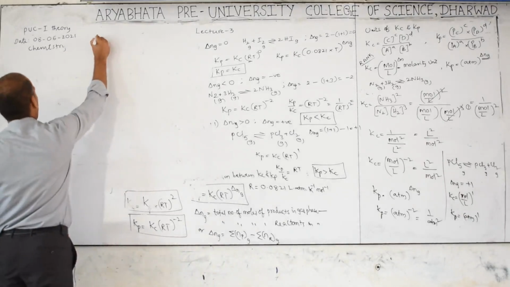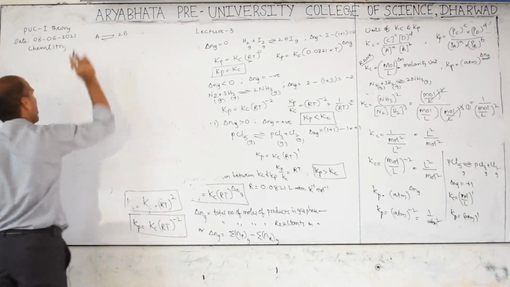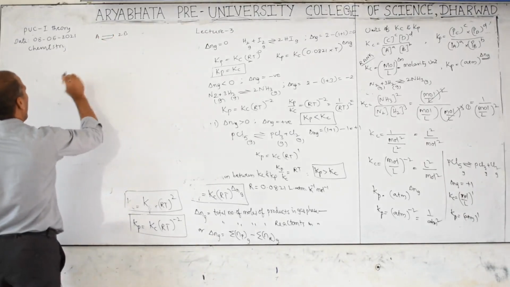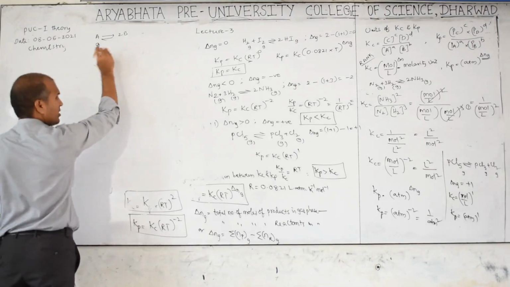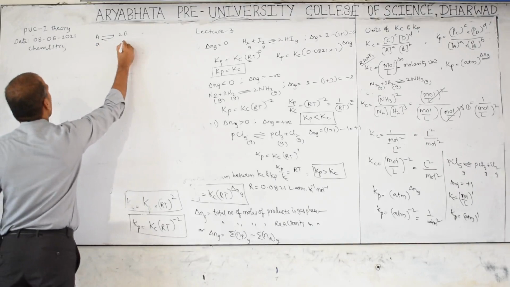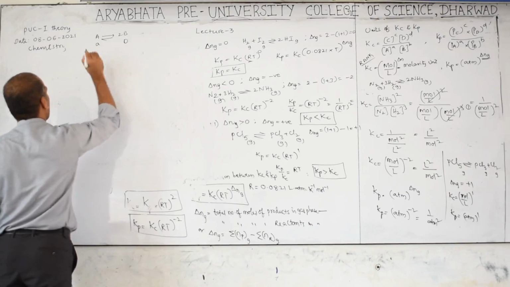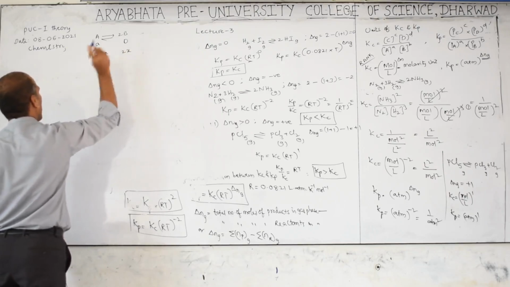Next, for example, A gives rise to 2B. This is one equation. This equation can be represented as: this is A moles, initially given, and this is 0. Then here A minus X, this is 2X.